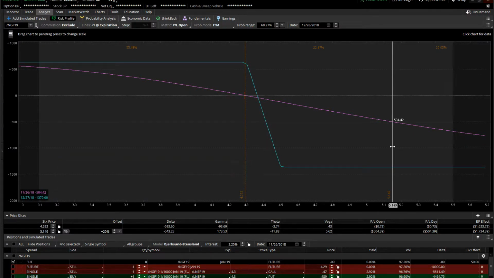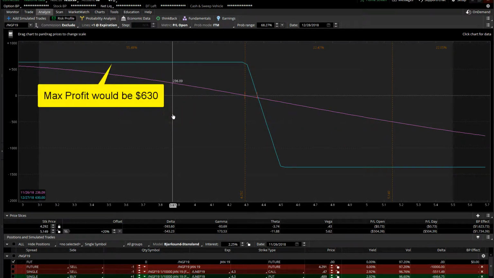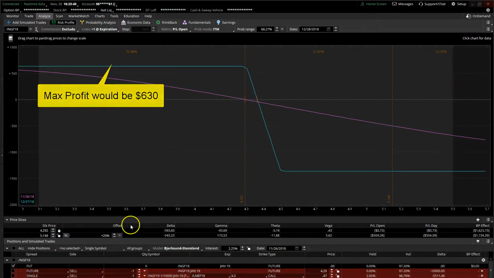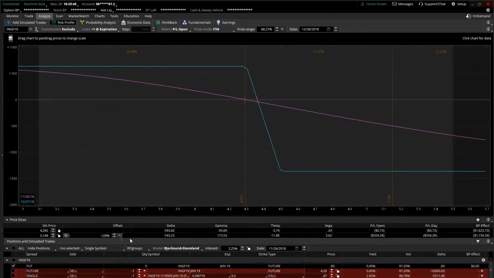It will be our max loss, and our max win of course is going to be just $600 because we're risking a lot less, right? But we're not comparing apples to apples. So let's see if we can make it more of a normal kind of trade.